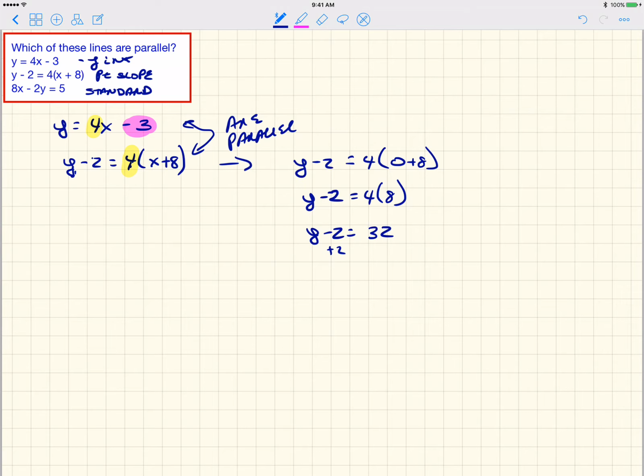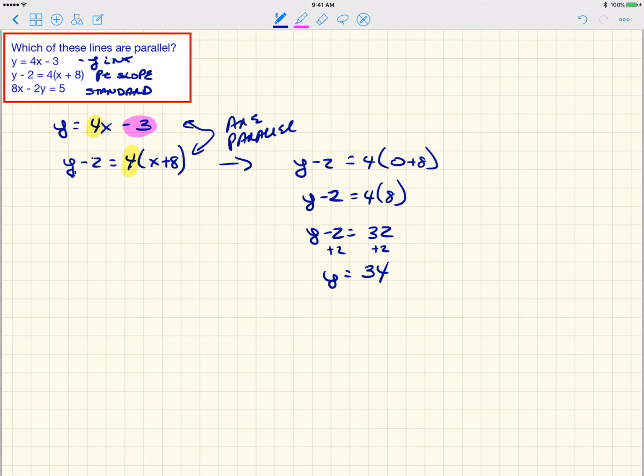We're going to add 2 to each side. So y is going to equal 34, which means that when x equals 0, y equals 34.